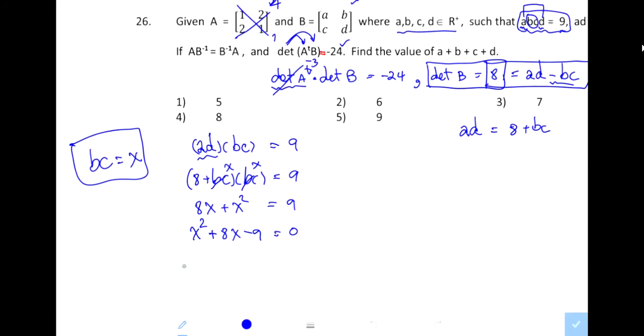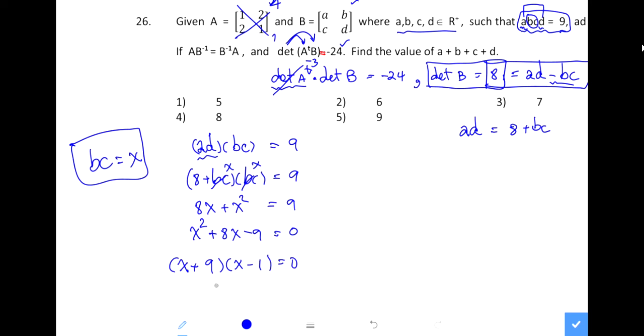Then let's do the simple factorization. Let's put an x here, and another x here. We need numbers multiplying to negative 9 and with a sum of 8. I can't think of anything except 9 and 1, plus 9 and minus 1, because they have the product of negative 9 and the sum of 8.